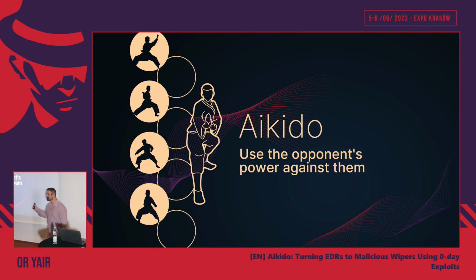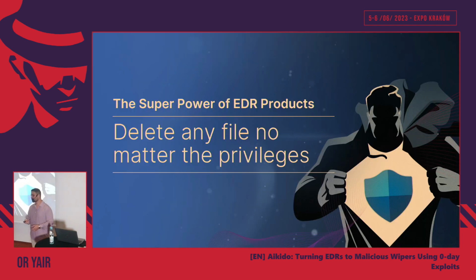Now, Aikido is a martial art that specializes in using the power of opponents against them. But how is that even relevant to this talk? It's relevant because EDRs have a very special superpower.